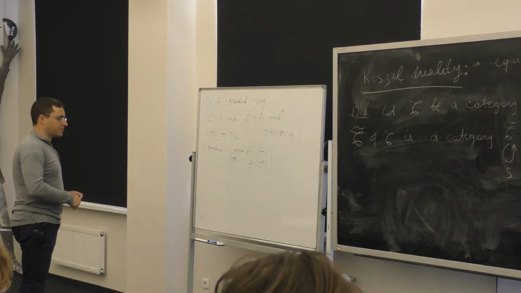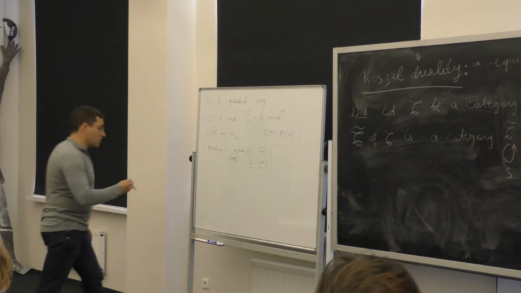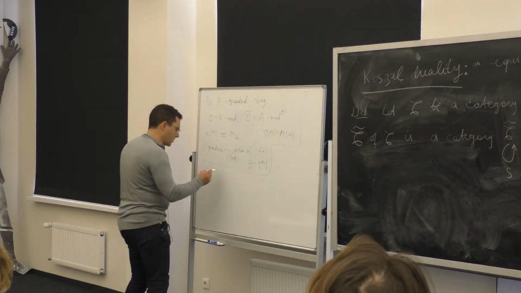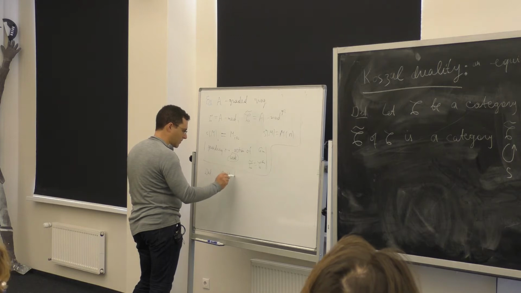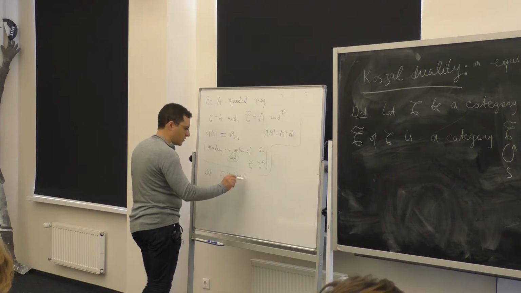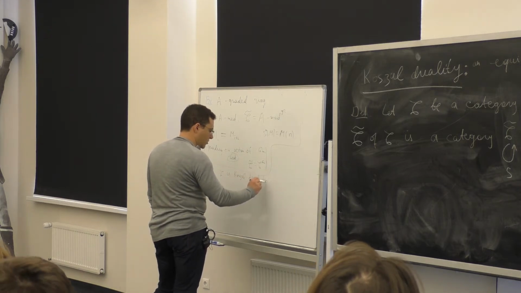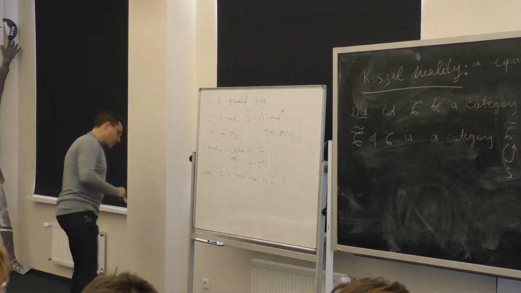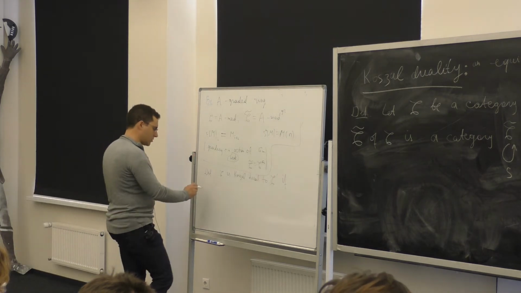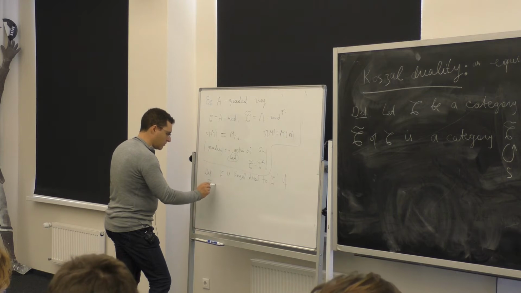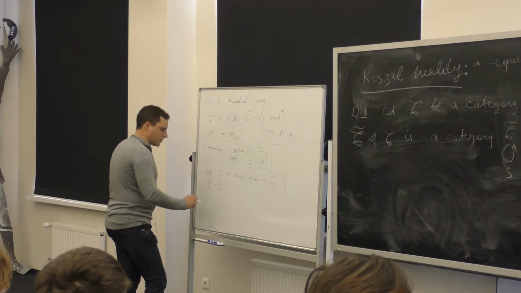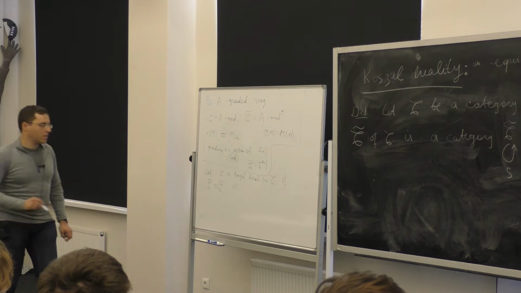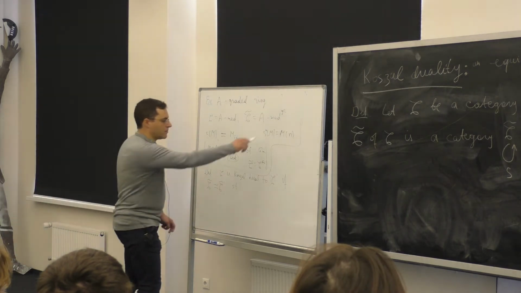Okay, so then the definition: we'll say that a triangulated category C is Koszul dual to C prime if there are graded versions which are equivalent, but the equivalence is not compatible with this degree shift.